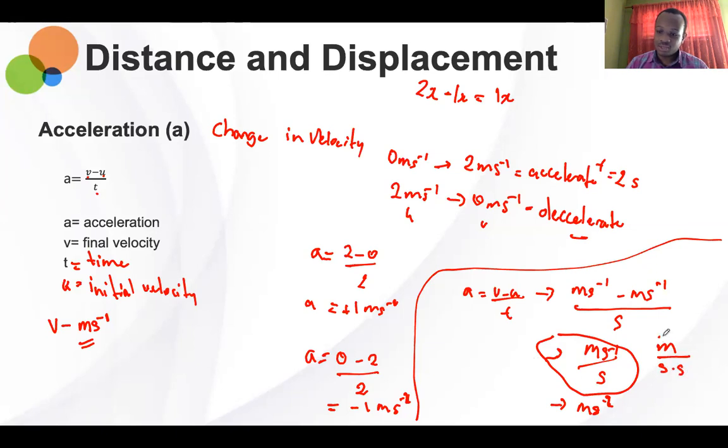Remember that this is our velocity. So because we have 2 down here now, it would be ms minus 2. Are we good now? All right. Any questions?